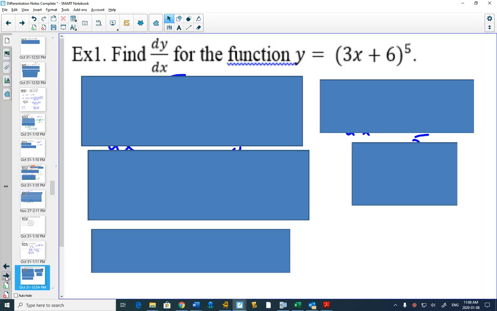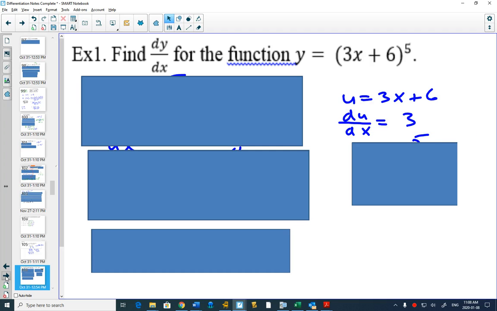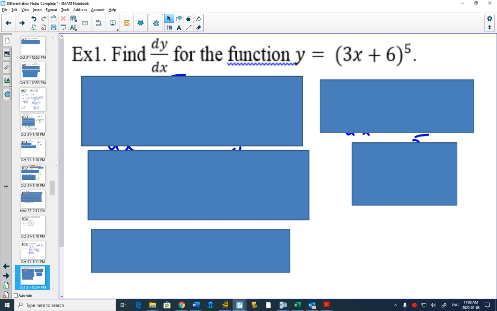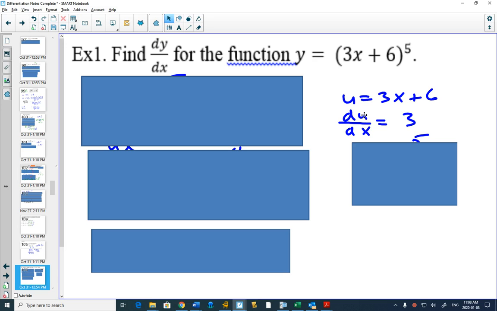The power rules are the most straightforward. Now, for this example, I'm going to look at how you could use the formula. So if we're using this formula here, what you need to do is label your inside function. So in this case, my inside function is 3x plus 6.